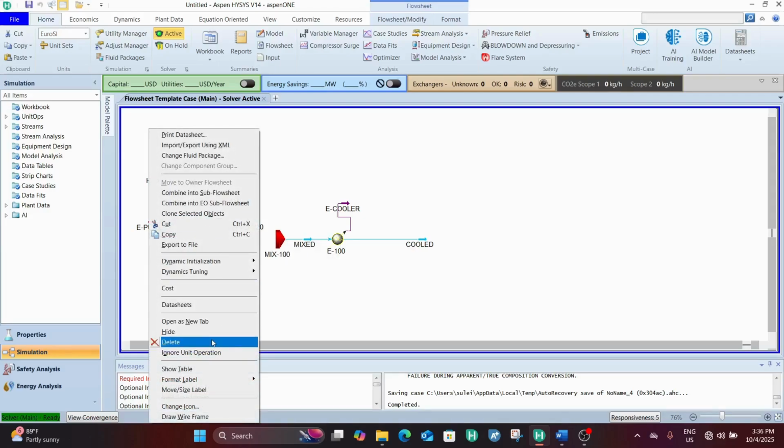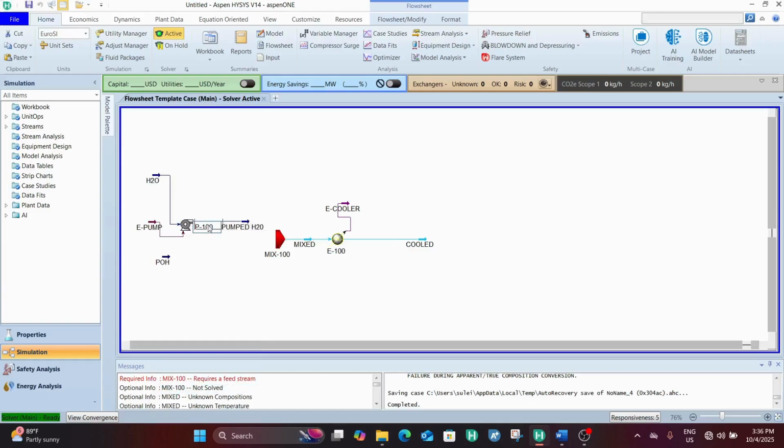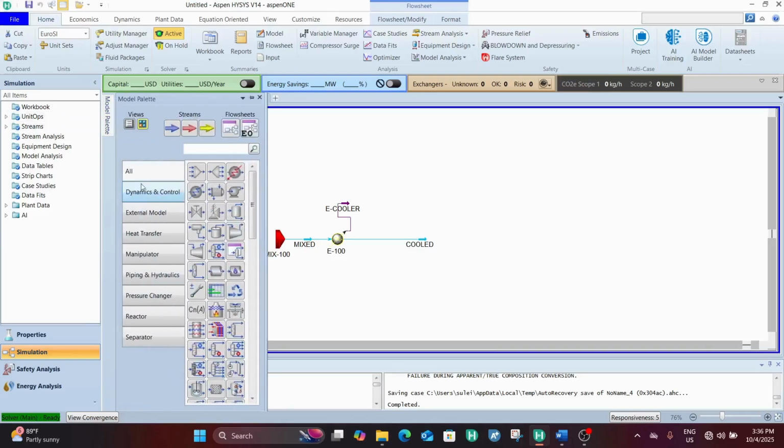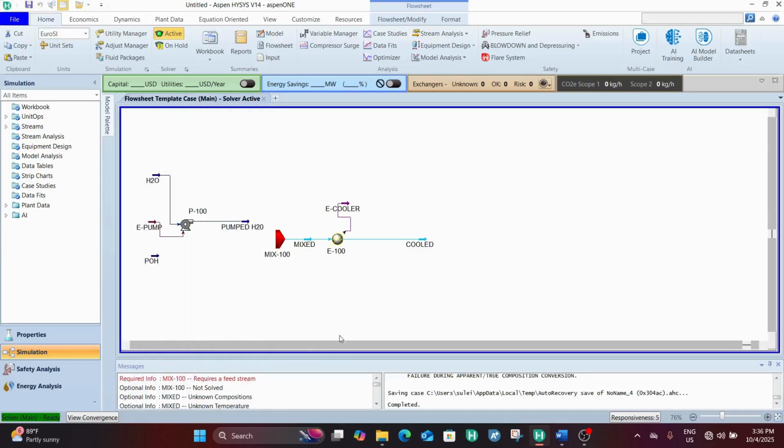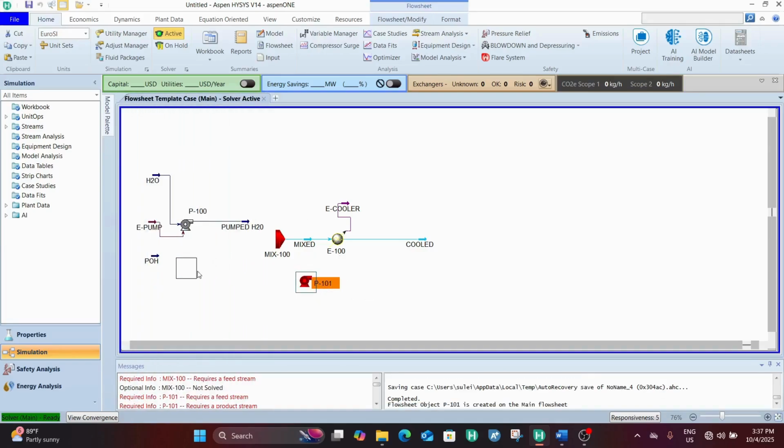Another interesting function that I found out just recently on Aspen HYSYS was that you could move this label because it's always annoying covering the lines. You could move it. Who else knew you could do that? Just finding out recently. So also drop a pump for potassium hydroxide. We're going to be pumping that also.